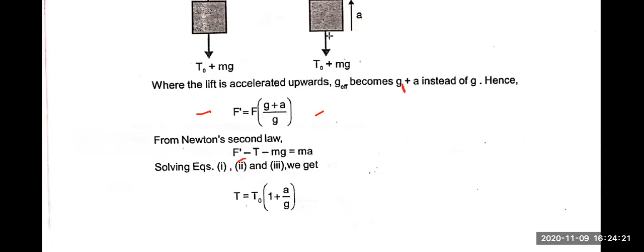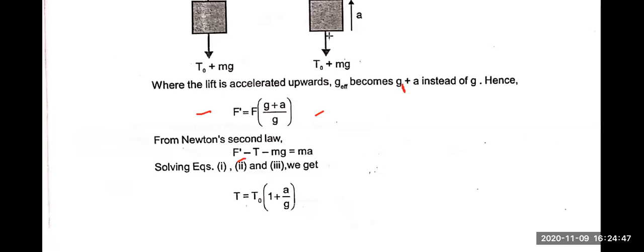See, if the lift is accelerated upward, then g effective will change. Then the force experienced will also change. We saw that. If the buoyancy will change, because F and F dash is buoyancy, don't think about where this F and F dash came from.